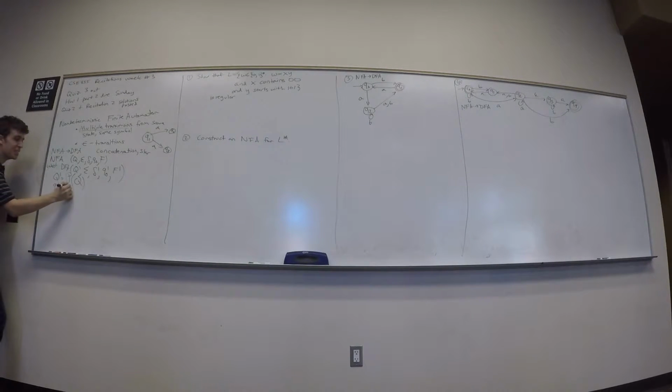Because there's sets of states in the NFA. But then I gotta figure out what's gonna go in this set. How do I find out what should go in that set? Well, this is the start state of the DFA, and I'm going to put states of the NFA, sorry, in here.